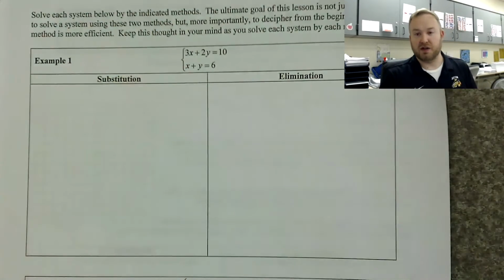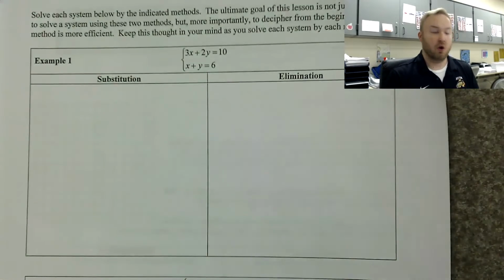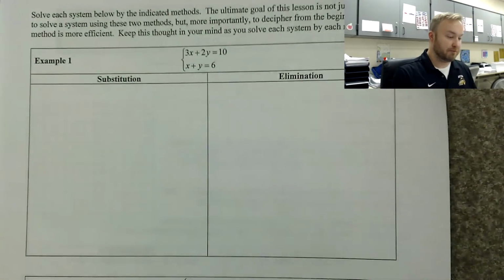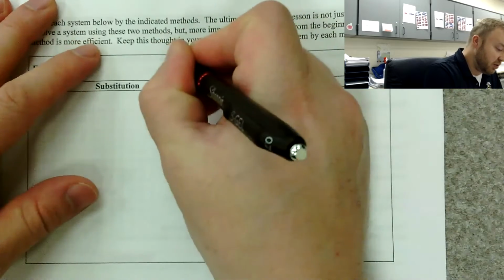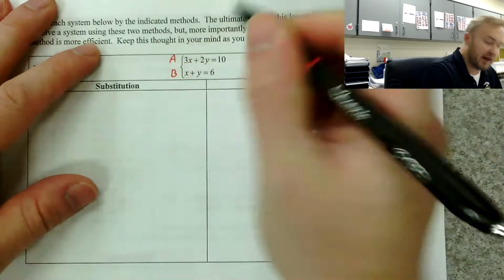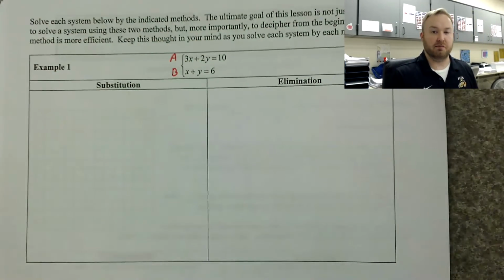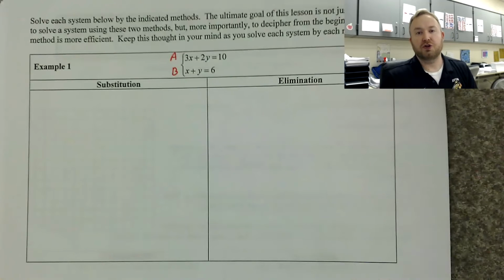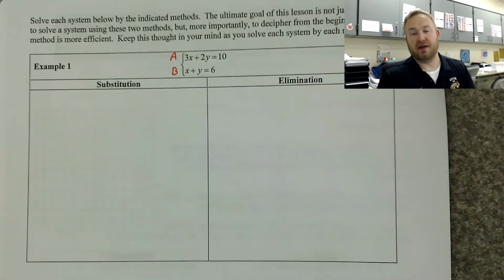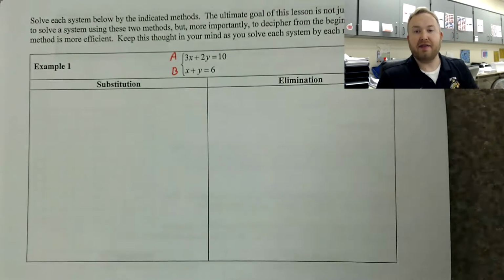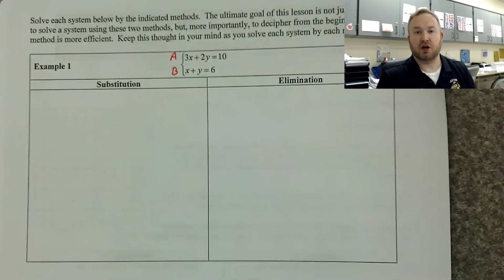I'm going to kind of switch back and forth here. For this first one, we're going to do the elimination method. I like to name my equations. So this first equation is equation A, and the second equation is equation B. Now, there are two legal moves that I'm allowed to make in the elimination method. First of all, I can add the two equations together term by term.